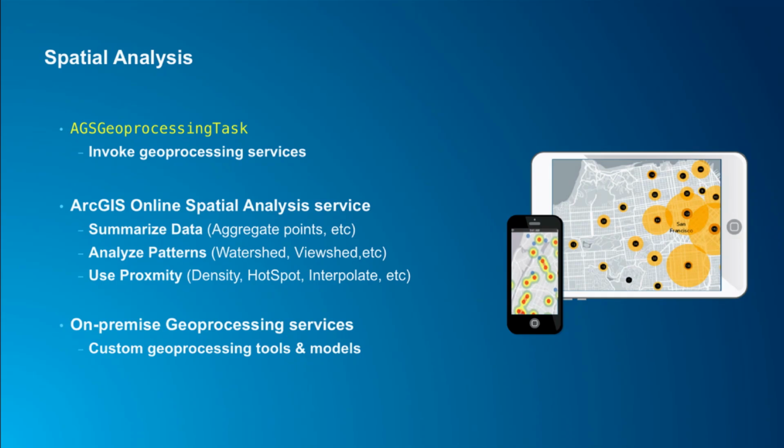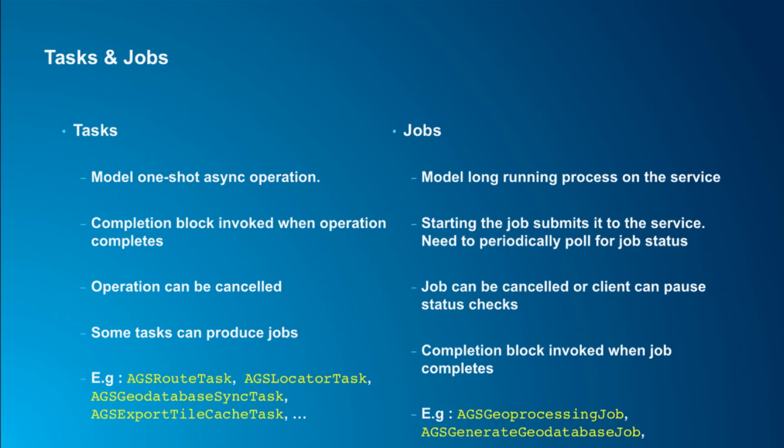And just a note about the geoprocessing task: some of these computations require a lot of time on the server, and that's where this concept of jobs comes in. Tasks are single one-shot operations. You perform it, you get a result in a few seconds, and it's done. But with jobs, it could run for a longer period of time, so the client is required to poll the job to see its status on the server, and then when it's done, invoke its completion handler.